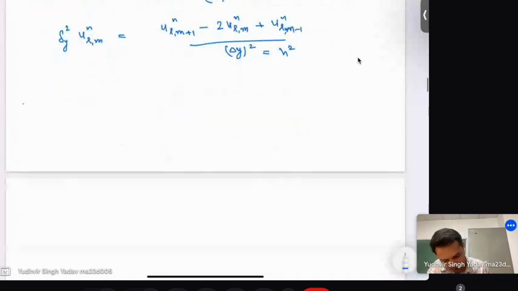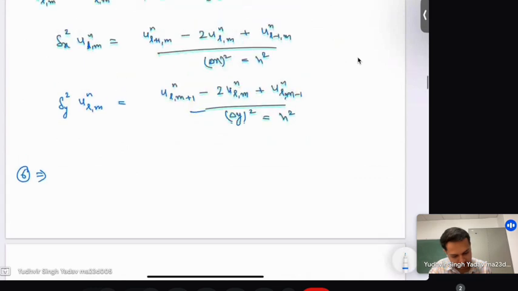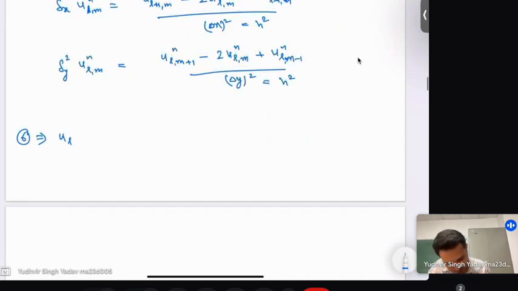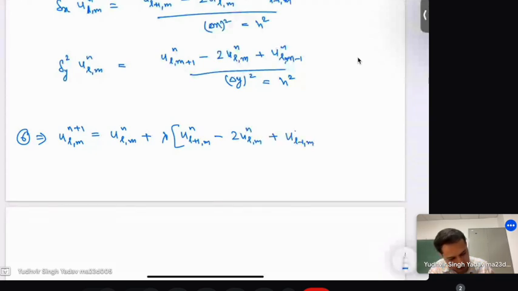So from equation 6, if you extend it further, one can simply obtain a schematic scheme which will be u_{l,m}^{n+1} equals u_{l,m}^n plus lambda times u_{l+1,m}^n minus 2 u_{l,m}^n plus u_{l-1,m}^n. Now in a similar way with respect to the y direction, it will be u_{l,m+1}^n minus 2 u_{l,m}^n plus u_{l,m-1}^n.